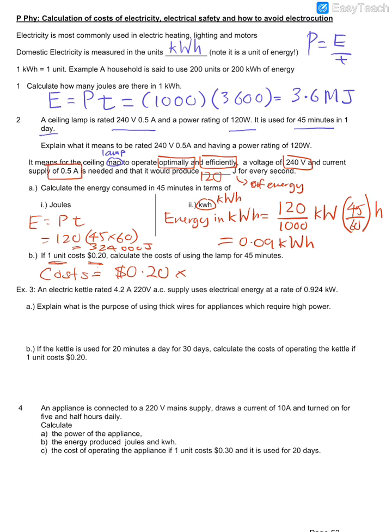It's a very small number. And this comes out to be 0.018, 1.8 cents. $0.018. So that's how to calculate the cost of electricity. Not very difficult, right?